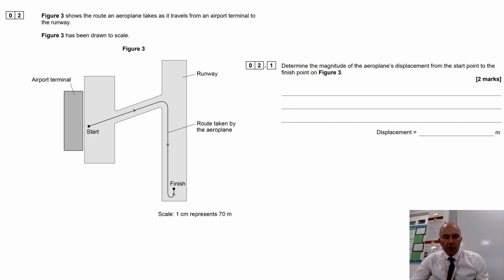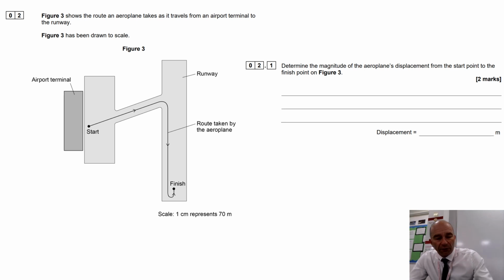Now question 2. Figure 3 shows the route an aeroplane takes as it travels from an airport terminal to the runway. Figure 3 has been drawn to scale. Now the question they're asking is determine the magnitude of the aeroplane's displacement from the start to the finish point on figure 3. Now, because of the way this has been scanned in, and you could be looking at this on a different size screen, it's quite tricky.